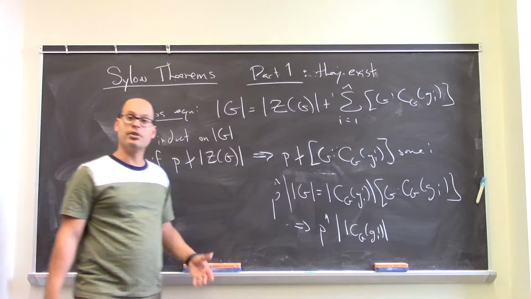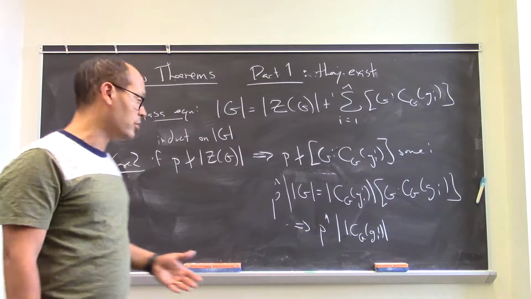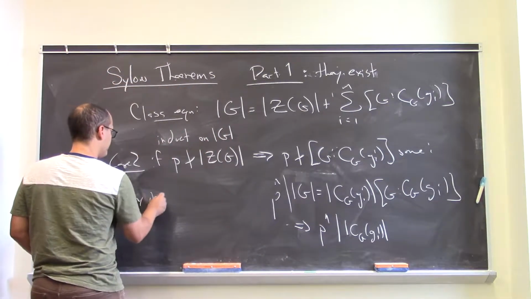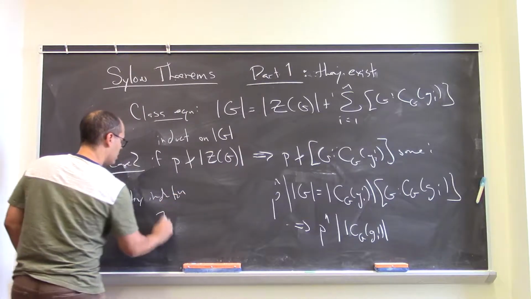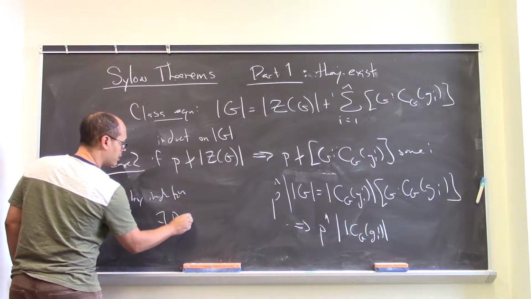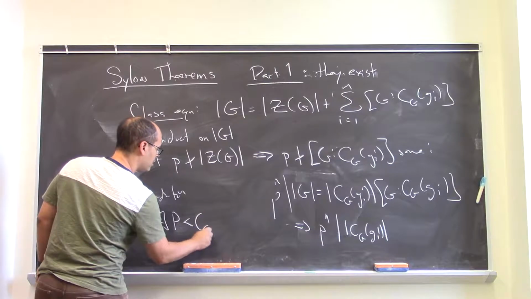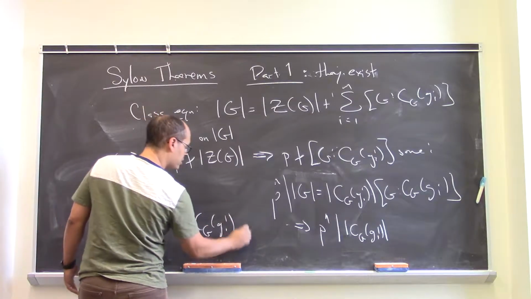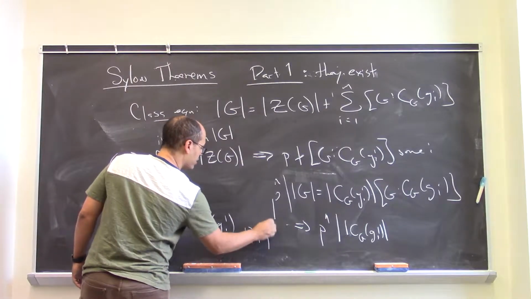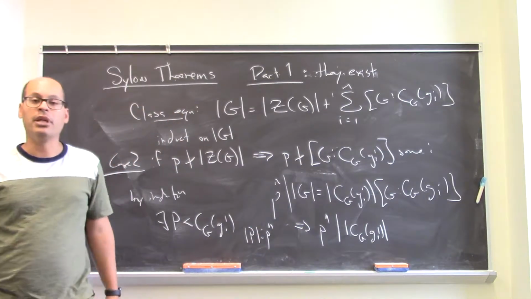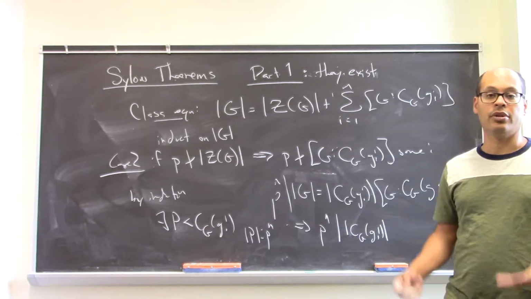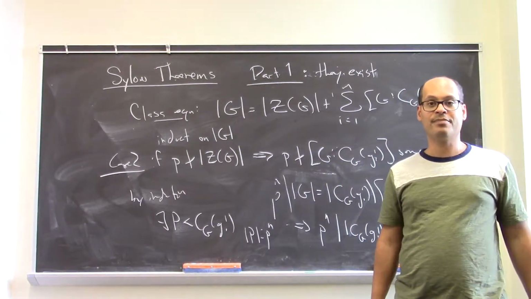But the centralizer is a strictly smaller group, and so by induction there exists a Sylow subgroup of this, and of course the order of that subgroup is p to the n, but that therefore means that that same subgroup is actually Sylow in the whole group G. And we're done.